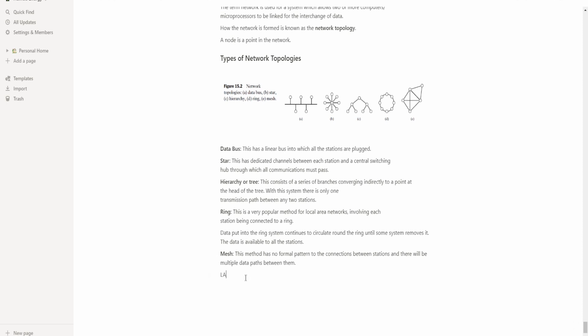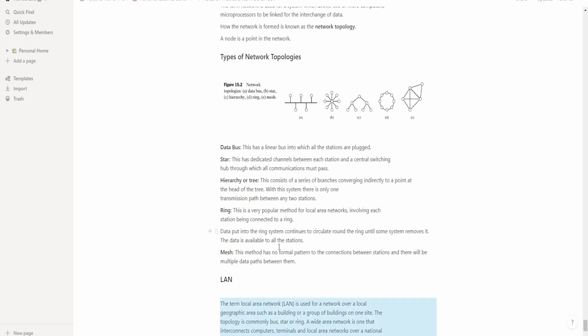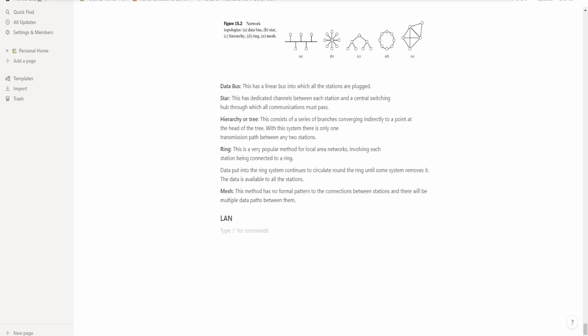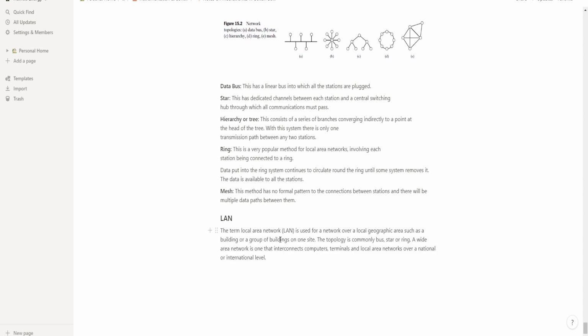Okay, so let's just talk about LAN for a minute. The term local area network, LAN, is used for a network over a geographic area, such as a building or group of buildings on one site. Yep. Topology is commonly bus, star, or ring.